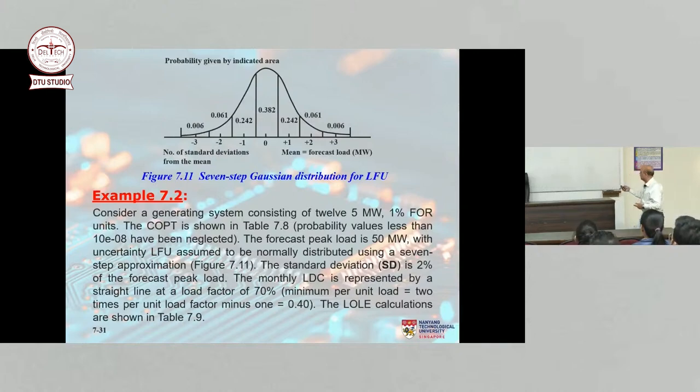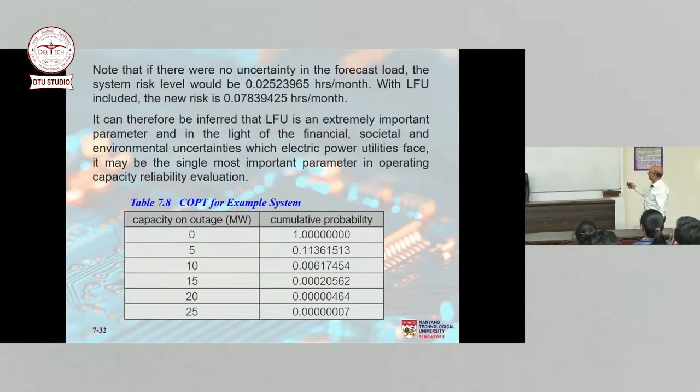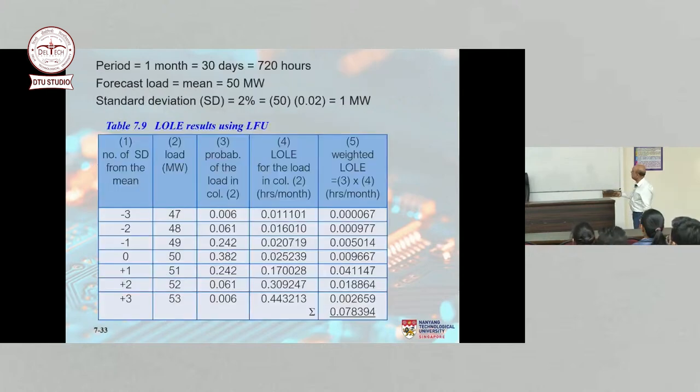I haven't shown you that table, but you can determine that, and you will find that it is 0.0252396 hours per month, because the data is given for a month. Now, this is the COPT, and I'm not including any stages after this because it's already 10 to the power minus 8 or something like that.